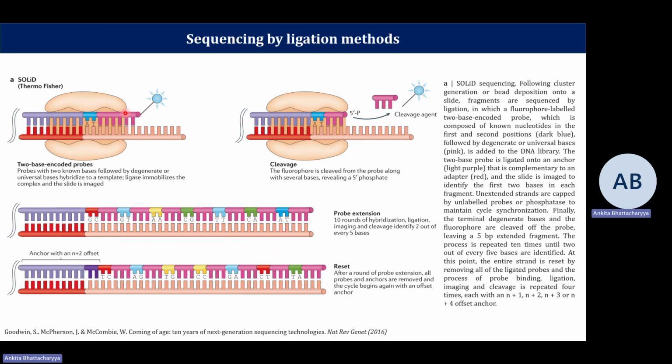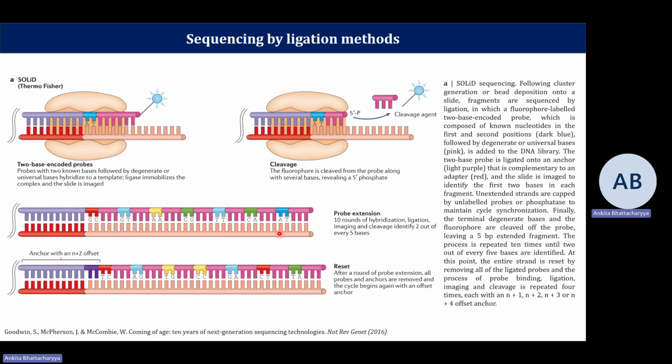Then there can be extension of the probe. So what you basically get is a disrupted sequence where you have two bases which are known because they have come from your probe, interrupted by these pink colored sequences which have come from your degenerate regions. So how do you figure out the missed out sequences from these degenerate portions?